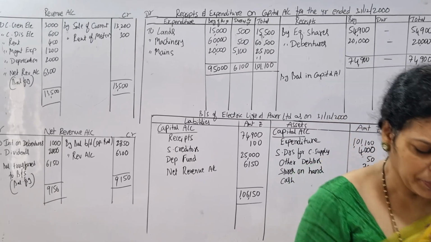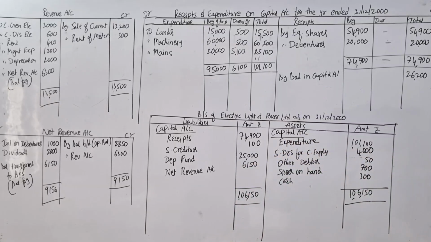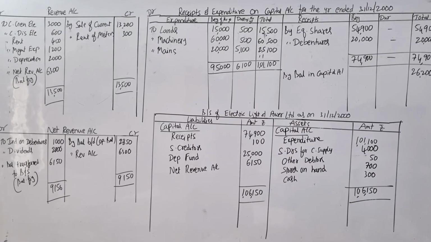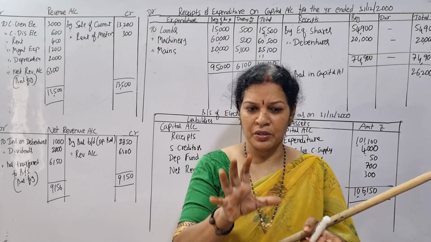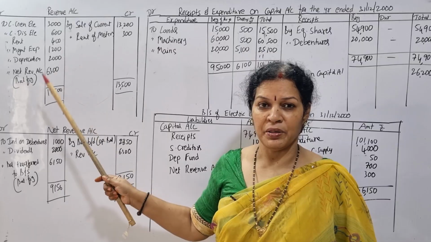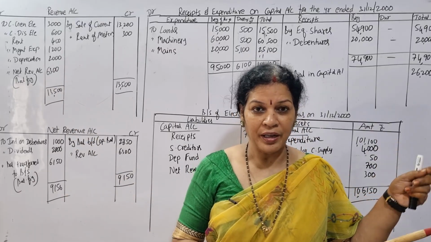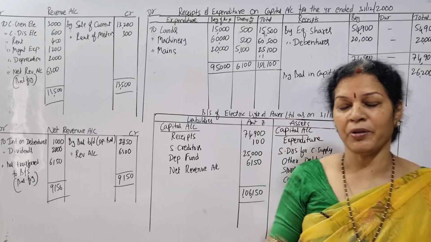It's very simple. Let me give you a recap. First, take the screenshot. Remember always, as per the given data, first prepare these tables: revenue account, net revenue account, capital account, balance sheet. As I told you, for each and every item, decide where it comes, and keep on writing.